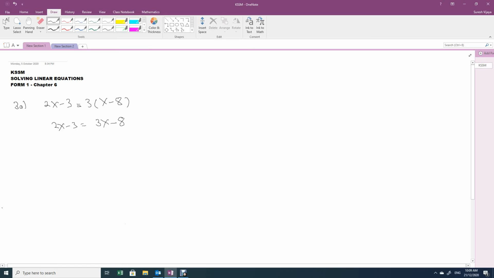Okay, next what we do, we try to shift those with the variable x to the location where you can make it positive. So in this case it will be 2x, because when you bring 2x over, it will be 3x minus 2x, and we will get x.